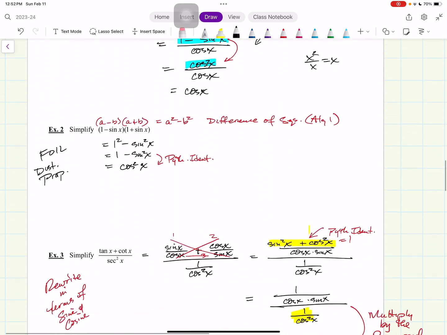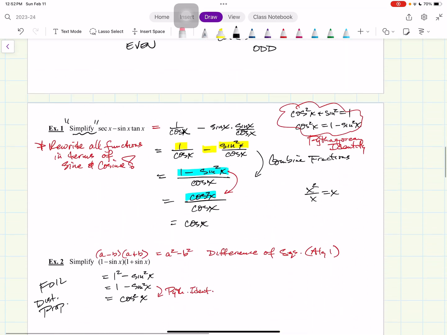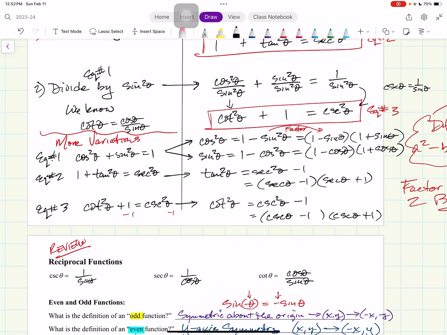So what do we have here? We have secant squared theta minus tangent squared theta. Let's take this identity, equation number 2 that we developed: 1 plus tangent squared theta equals secant squared theta, and let's work with it. The variation I gave you looks a little bit different.